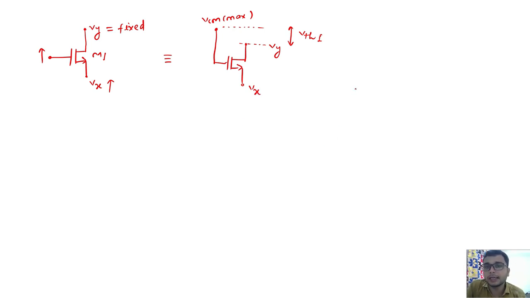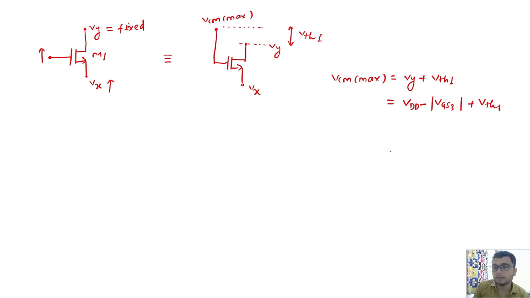So the concept is that VCM maximum can be equal to Vy plus VTH1. And what is Vy? It is my VDD minus VGS3 plus VTH1. This amount was already constant, so VCM max is defined. I'll take this concept for both the transistors right away.